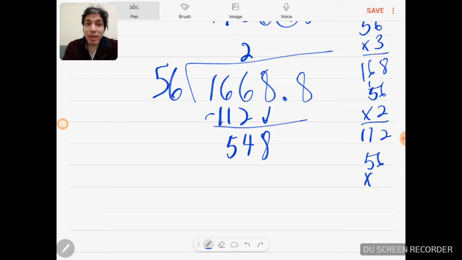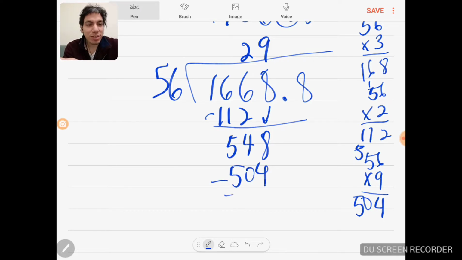That's too big, but I'd be much closer rather than working my way up to 6 and 7 and 8. I might as well go straight to 9. 9 times 6 is 54. 9 times 5 is 45, plus 5 more is 50. So that's much better. With 9, I get 504. I subtract, I get 44. Put the decimal point, bring down the 8.